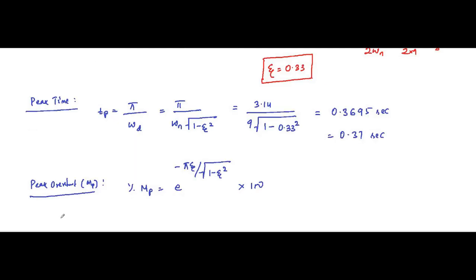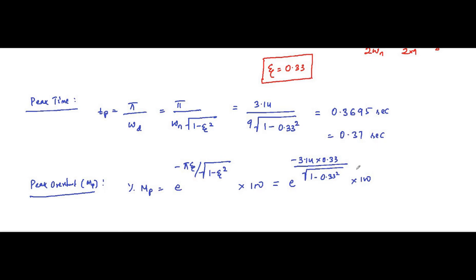So if we put the values, it will be e to the power minus 3.14 into 0.33, which is the value of zeta, by root over of 1 minus 0.33 square, into 100.